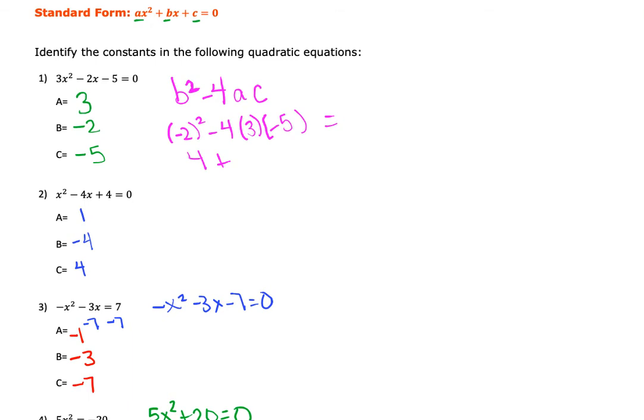If you put the parentheses in the right place, you should be able to just type it in exactly like I have it in this line right here. Plus 60. So I get 64 when I plug this in. So that means my discriminant is 64, but how many solutions does that have? Well, 64 is a positive number, so that means I have 2 real solutions.